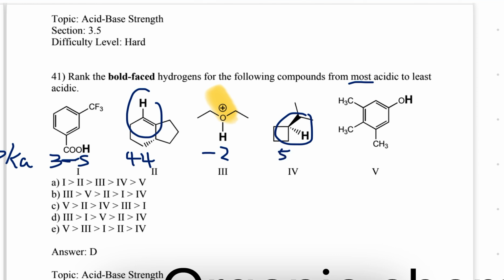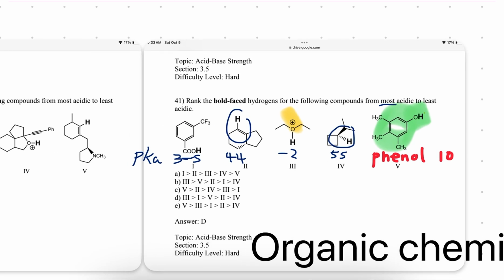Alkyne. This one looks like an alcohol, but not really, because it's an alcohol that is attached to a benzene, so it's going to be a phenol with a pKa of 10 instead of 16 for an alcohol. So the most acidic is going to be the one with the lowest pKa.